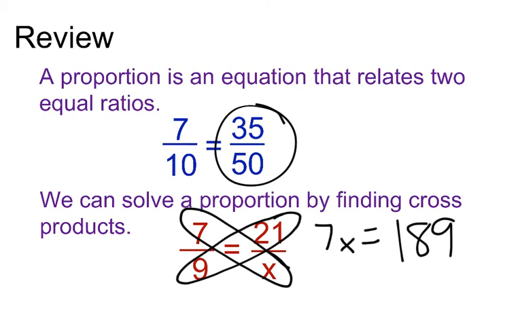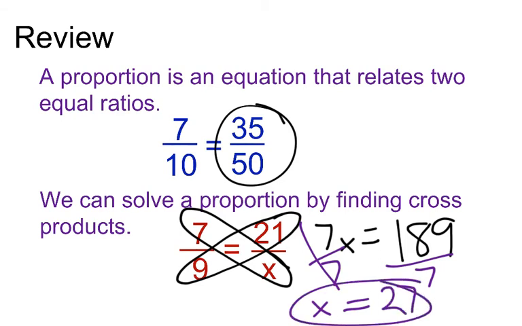Then we can ask ourselves, 7 times what is 189? Or we can divide both sides by 7, using our good old-fashioned friend algebra, to isolate x. x is 27. So that's how we can solve a proportion by finding cross products.